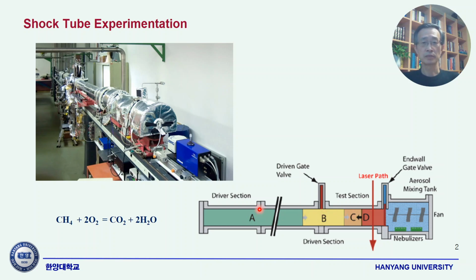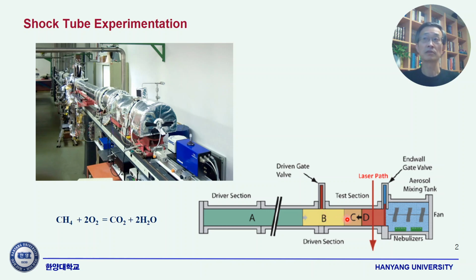Then there is a sudden rupture. The driver gas at high pressure is expanded in a way, so an adiabatic compression is done in the test section. The shock moves from the left-hand side to the right-hand side, and this adiabatic compression raises the temperature.